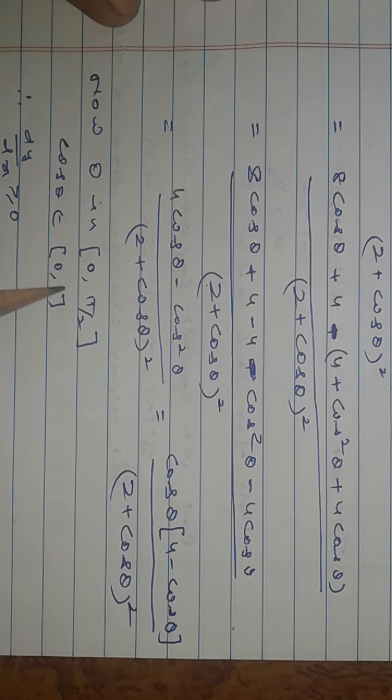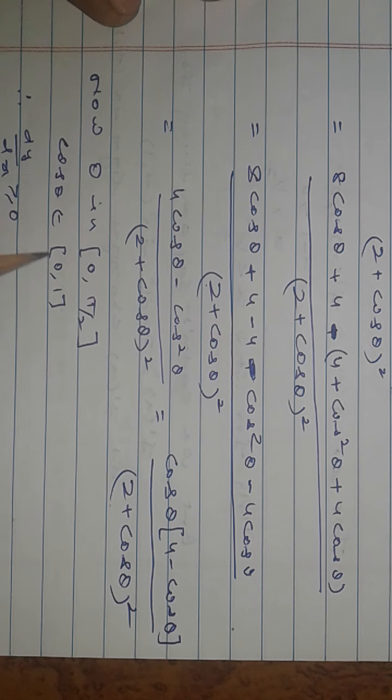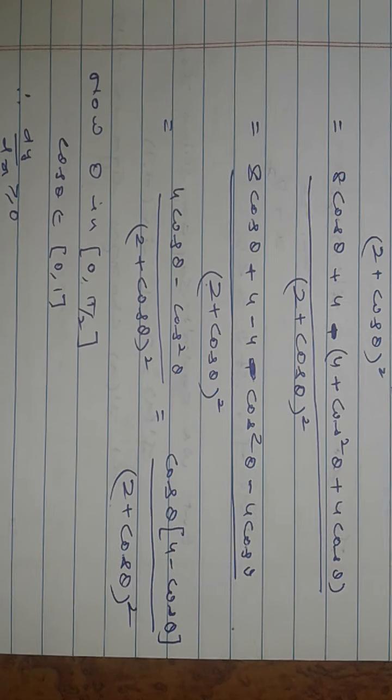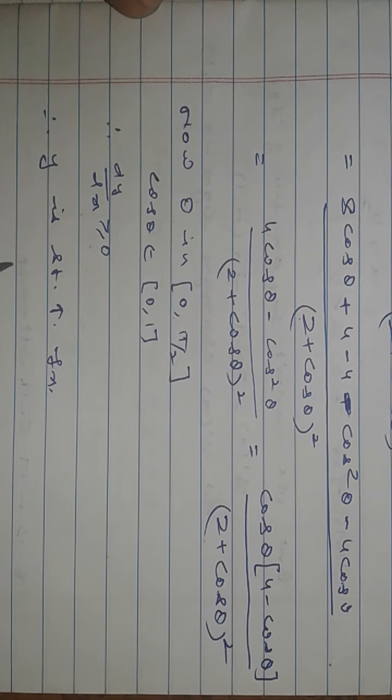Now theta is between 0 to pi by 2, this is given. So cos theta must have value 0 to 1. So dy by d theta must be greater than or equal to 0. So y is strictly increasing function.